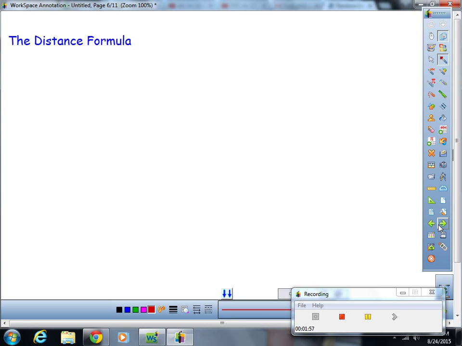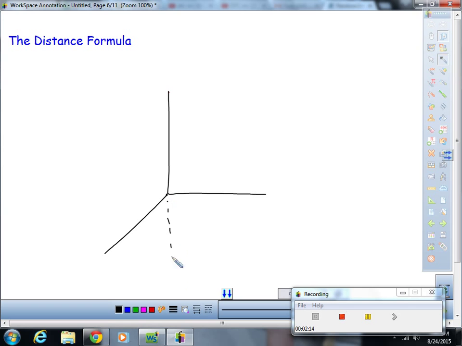Okay, if you can imagine a box that is oriented at the corner of our coordinate system. So let's say we have a blue box.